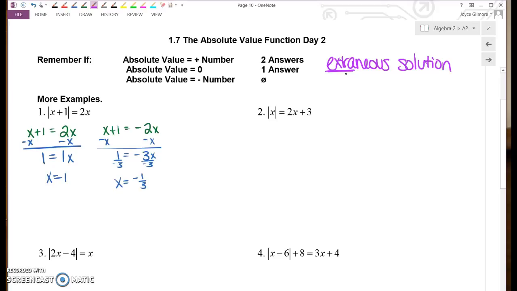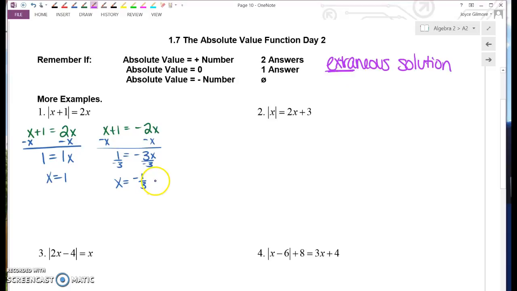In the process of solving the equation, we end up with two solutions. But as we know from Friday, some of these absolute value equations do have two solutions, but some of them only have one and some of them have none. So we have to take these two solutions and decide which of them are actually solutions and which of them just appear to be solutions. An extraneous solution appears to be a solution because we solved the problems correctly, but it doesn't actually work.